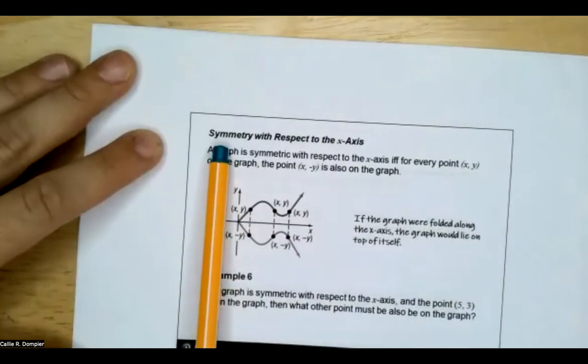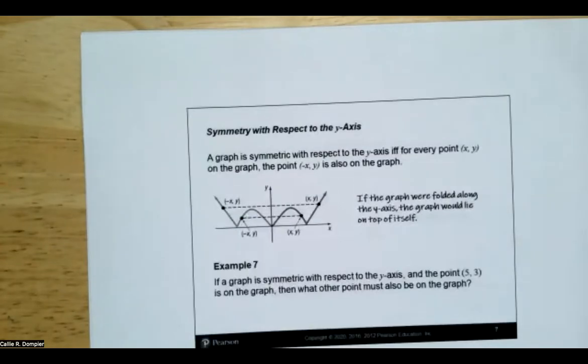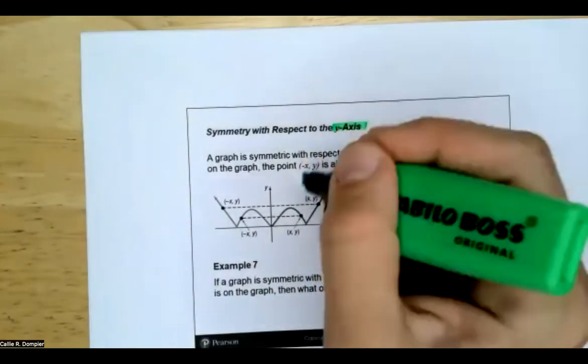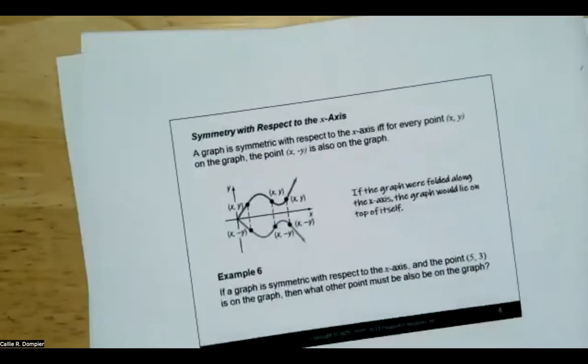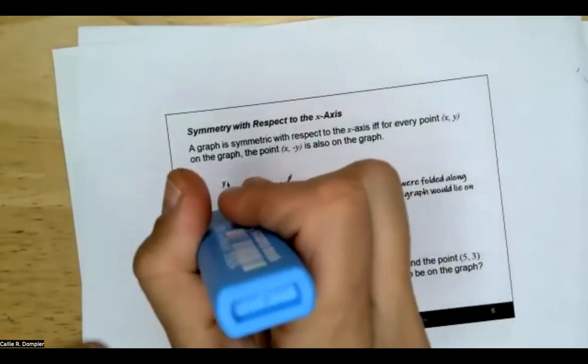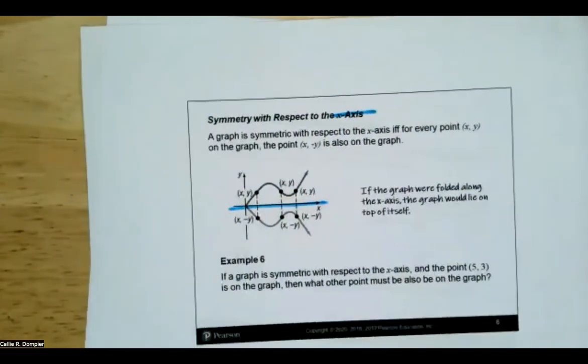So we're going to talk about symmetry with respect to the x-axis, symmetry with respect to the y-axis, so this is your y-axis. Here's our x-axis. Good.